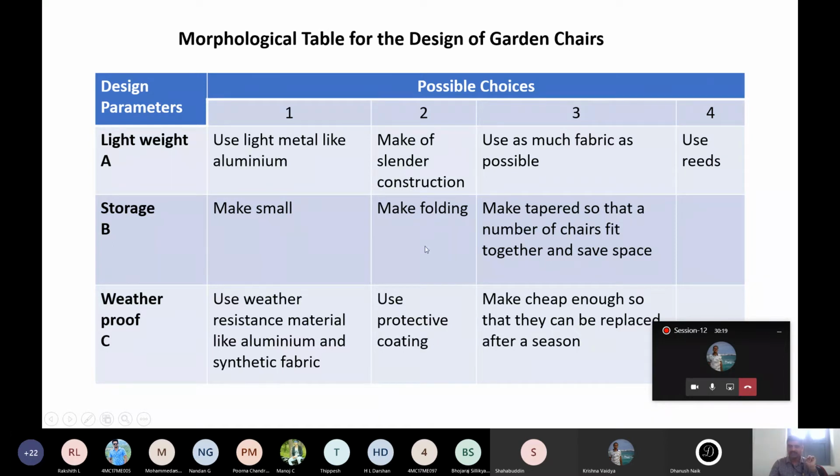Like you can see the combination. Another combination is use as much fabric as possible, then make it tapered, then use weather resistant material like plastic. This is another example.